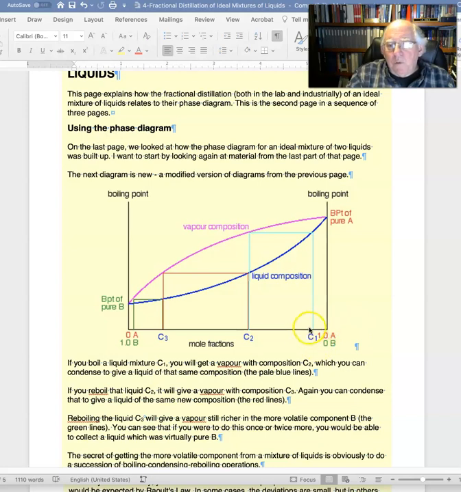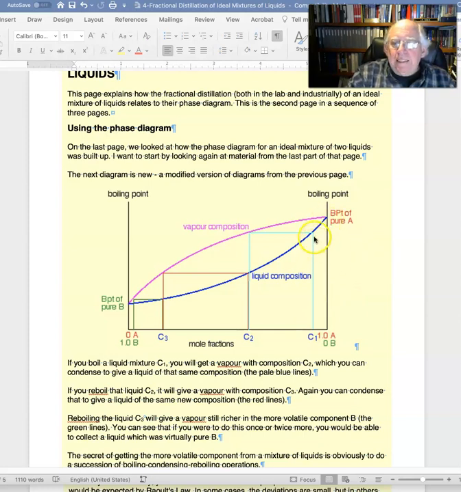So if one was to start with a high concentration of the less volatile component and a small concentration of the more volatile component, and this would be very appropriate for our situation where we have water and maybe 8 or 10% ethanol, which is the more volatile component, we may start the process at this particular concentration, C1.